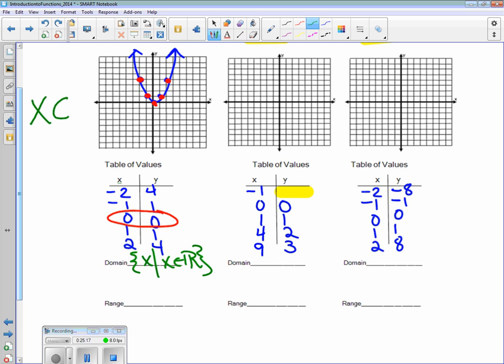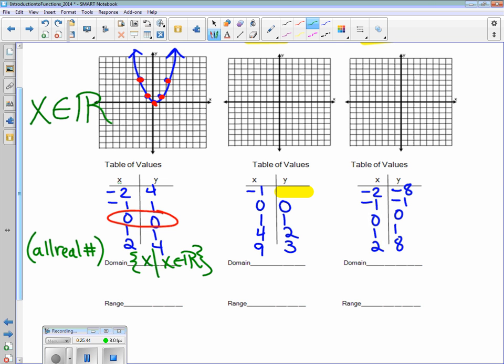X is an element of the real numbers. It's a double-barred R. That double-barred R means real numbers. You can go ahead and write over to the side all real numbers, so you know that's what that means. It's just a fancy way of writing it. Makes you look smart that you know what that means. X is an element of the real numbers. All real numbers.